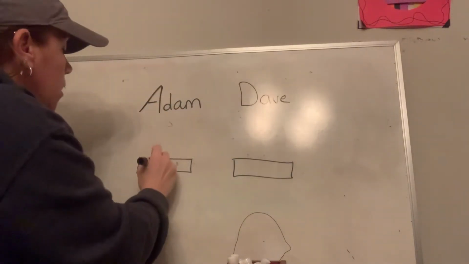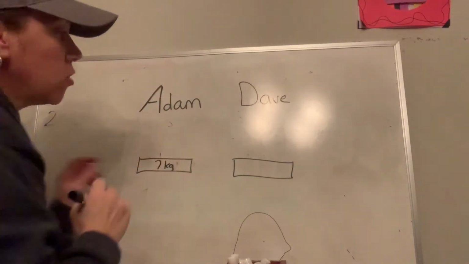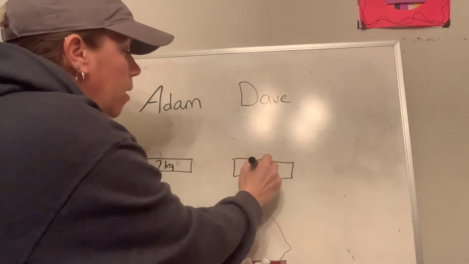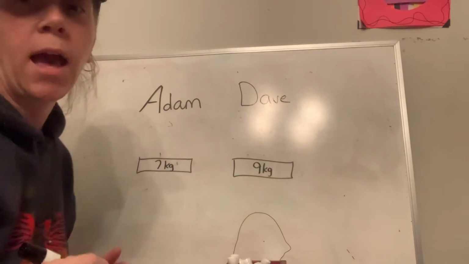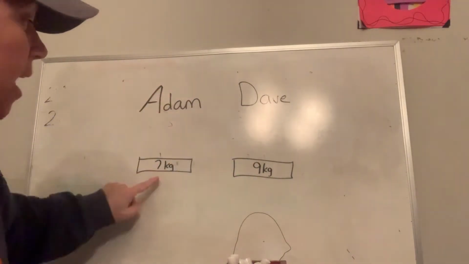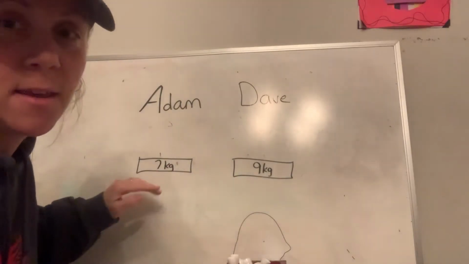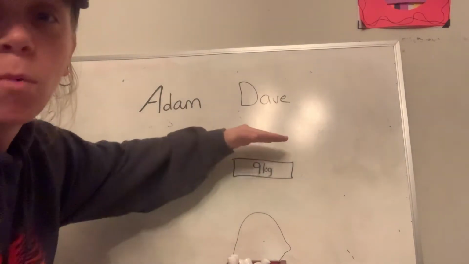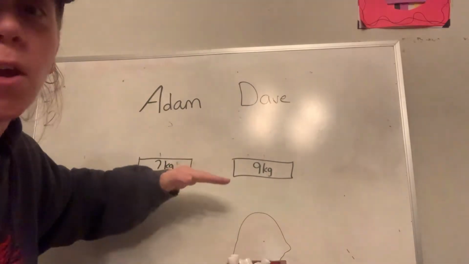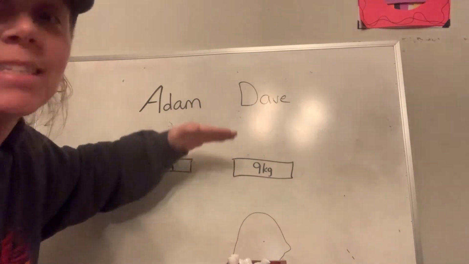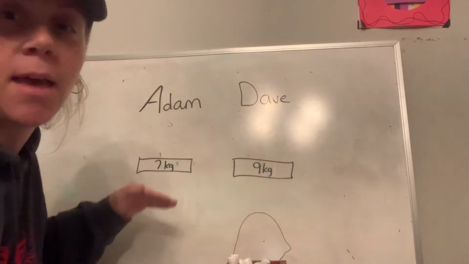So Adam uses 7 kilograms each, and Dave uses plates that weigh 9 kilograms each. So when you work out on a machine, what you have to do then is stack those plates, and Adam can only stack in multiples of 7. Dave can stack in multiples of 9. So if they're lifting the same amount, we've got to find the least common multiple of 7 and 9.